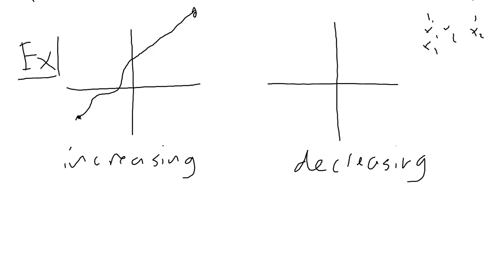And then decreasing, you start and it would just be going down the entire time, never going up. It could be curved down like that or that, but it's never going up and then down. It's just going down the entire time or going up the entire time on that interval. That's when we say f is increasing or decreasing on the interval.